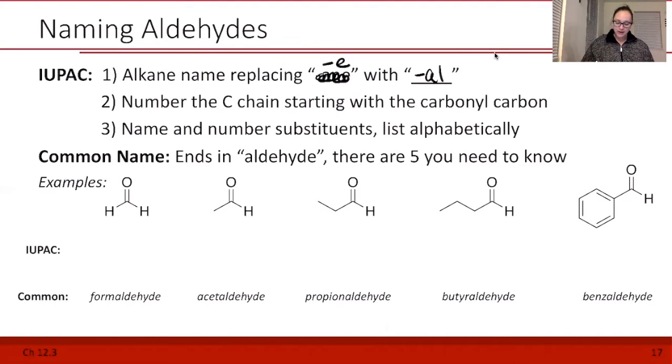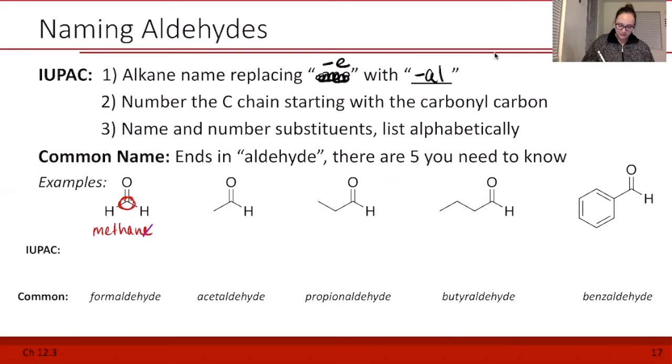In IUPAC, we start with the alkane name. In this molecule, we just have this one carbon here, so the alkane name would just be methane. But we're going to drop the E and put AL at the end.